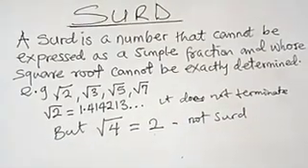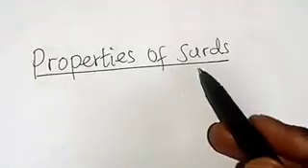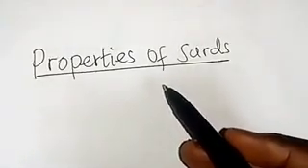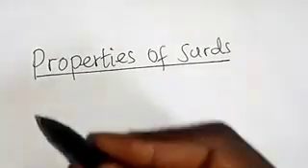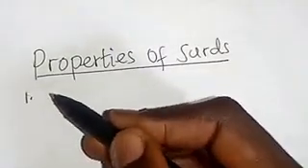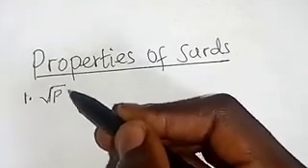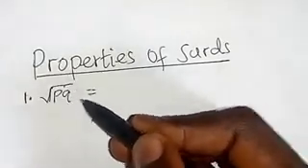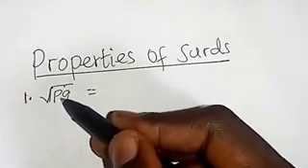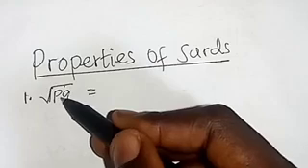Now we have the properties of surd. The first property: we have square root of PQ. When you see P and Q, the operation that joins them together is multiplication.